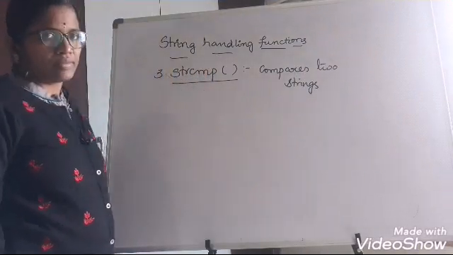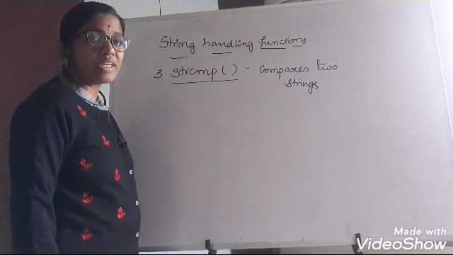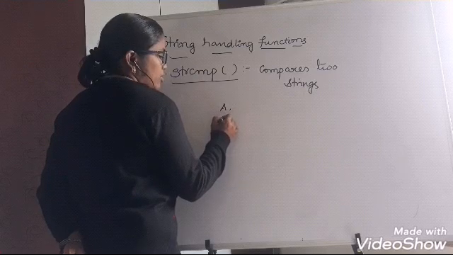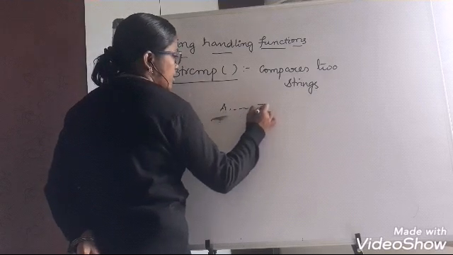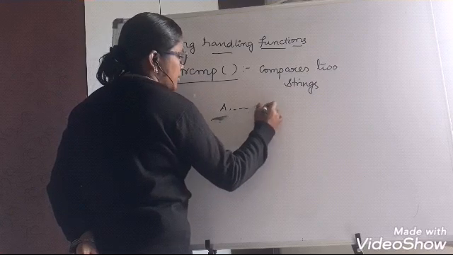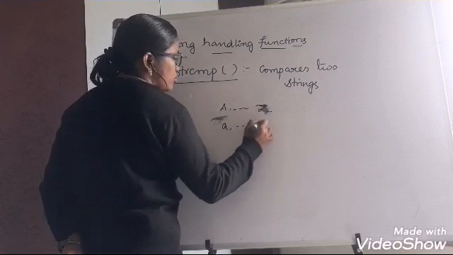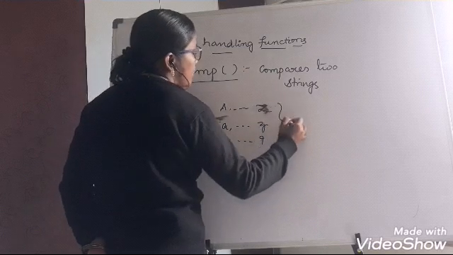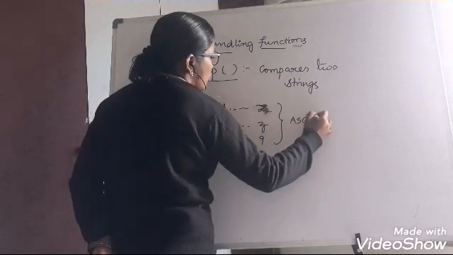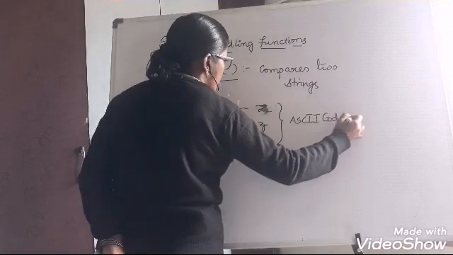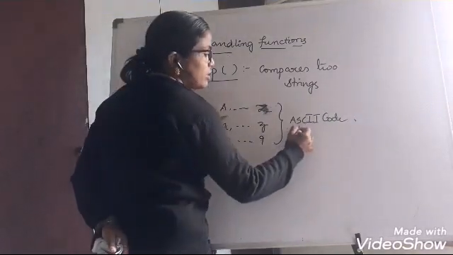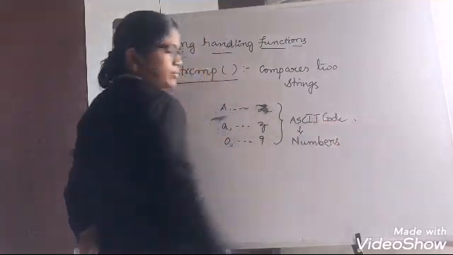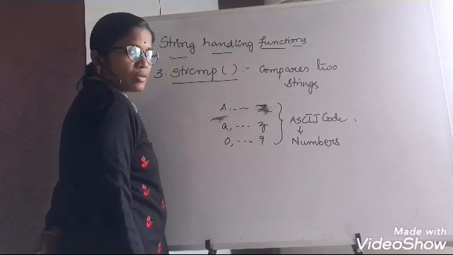How can we compare? Here comes a question, right? Every character in C language, from capital A to Z, small a to small z, and 0 to 9, has an ASCII code, which is nothing but numbers. Corresponding numbers are there in the compiler.